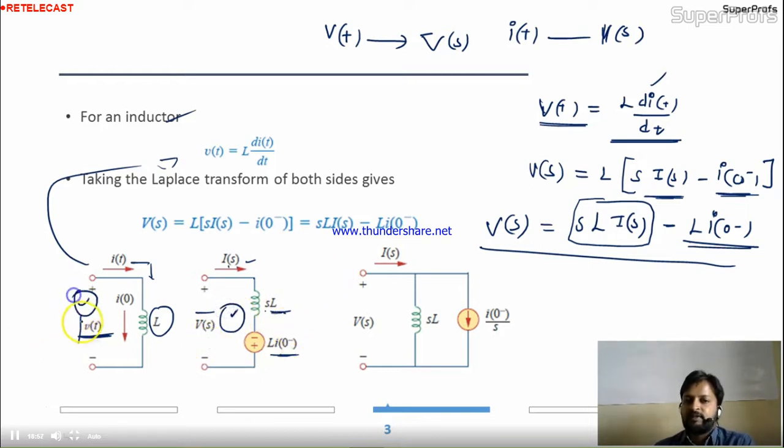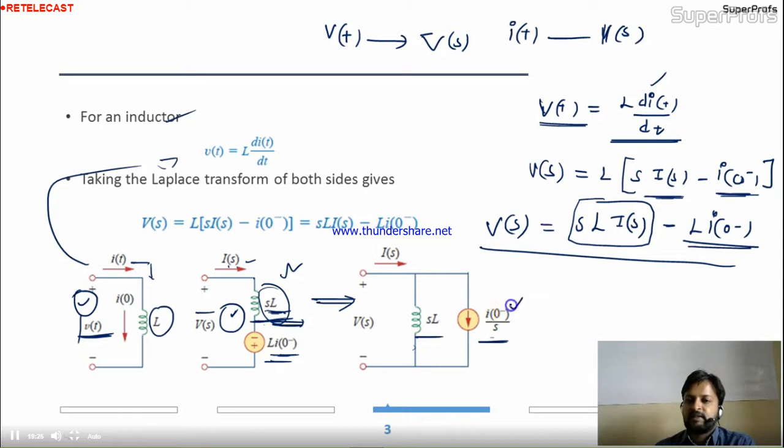This is the equivalent circuit in the time domain. Further, you can simplify this circuit. Here you can apply source transformation. This is a voltage source connected in series with the impedance sL, which is in ohms, the inductive reactance. After the transformation, the circuit is sL in parallel with the current source I0/s.